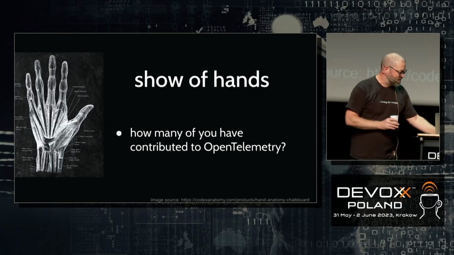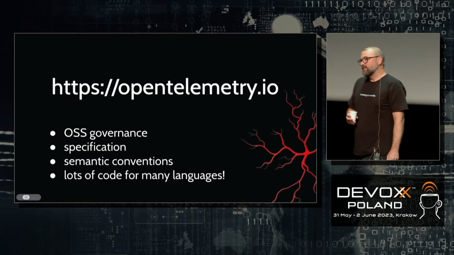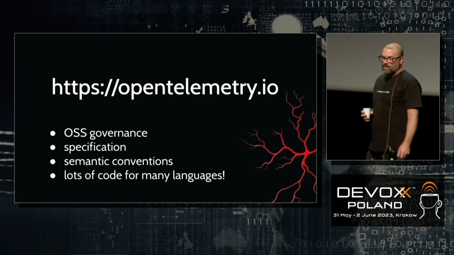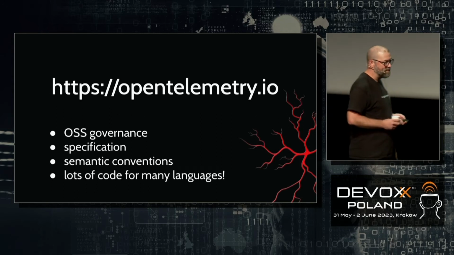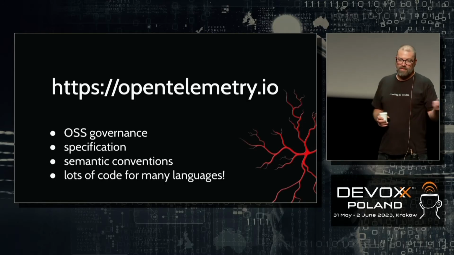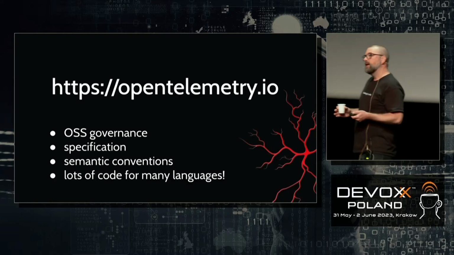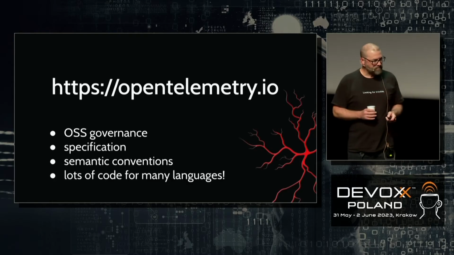Please check it out. There's the main website for OpenTelemetry. I guess the stated goal, maybe the unstated goals, are to provide governance to an open source project because they don't run themselves. And then another goal is to emit a specification, so speccing out the shape of the APIs and how SDKs must behave in the various languages.